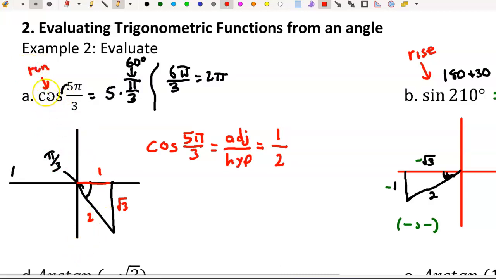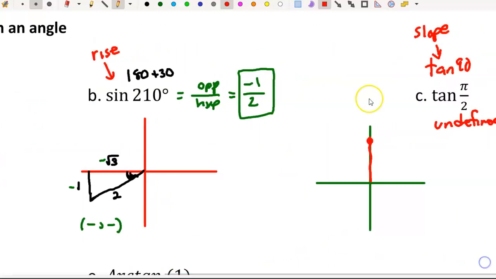So if cosine is run, sine is rise, tangent is slope, well, it makes sense because slope is rise over run. Rise is sine, run is cosine. That's why sine over cosine equals slope and equals tangent. Right? It's all the same system as rise over run equaling the slope, sine over cosine equaling the tangent.